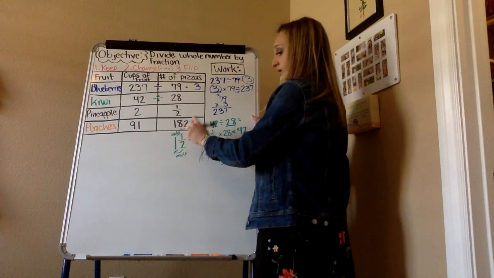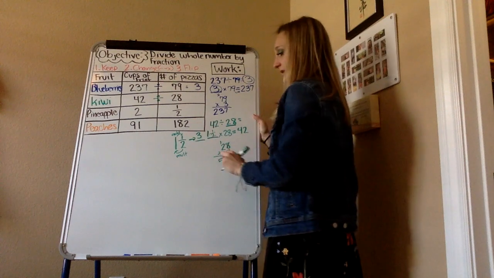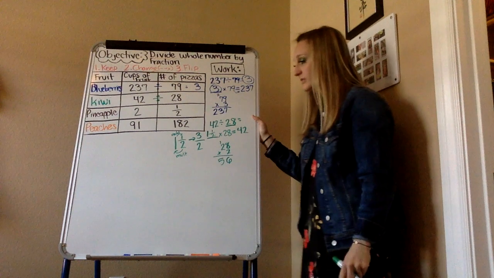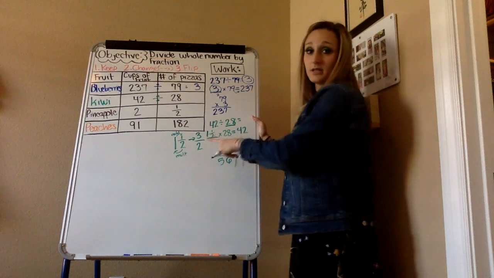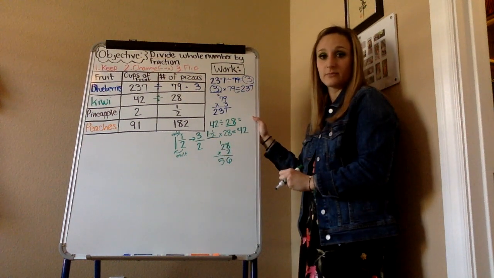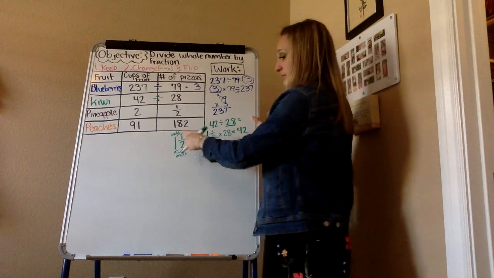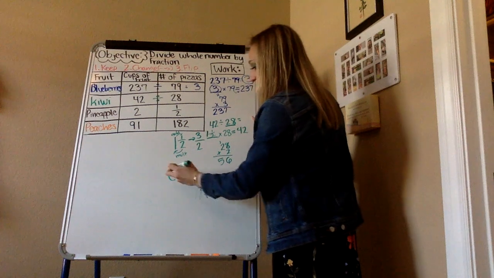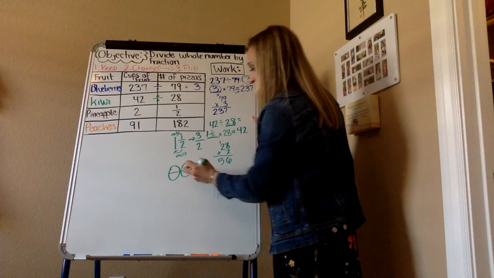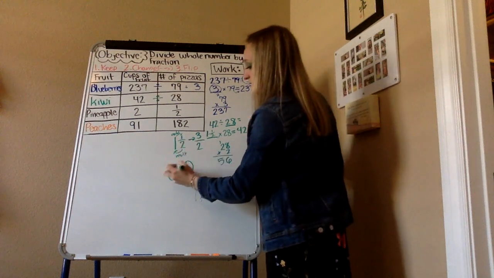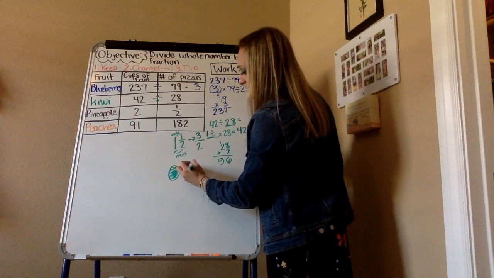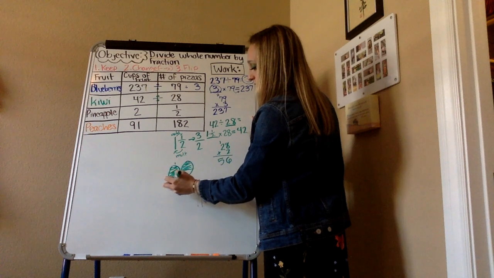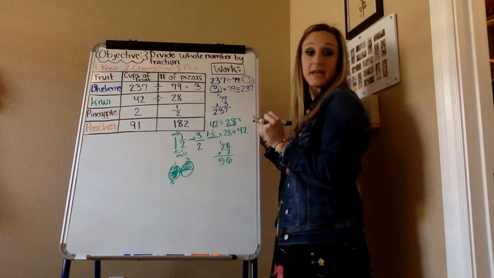So 2 plus 1 is 3, and I'm going to keep the denominator the same, 2. 3 halves, okay, equals 1 1/2. All right. And I know that because if I drew halves and colored in 1 whole and 1/2, I should have colored in 1, 2, 3 of those halves.